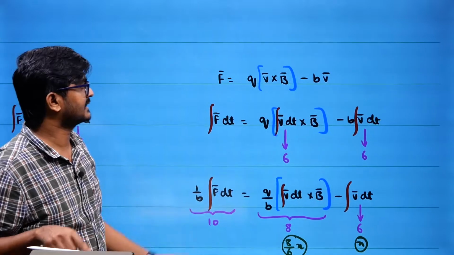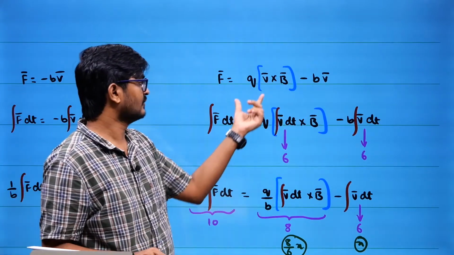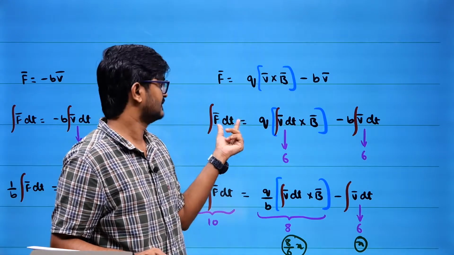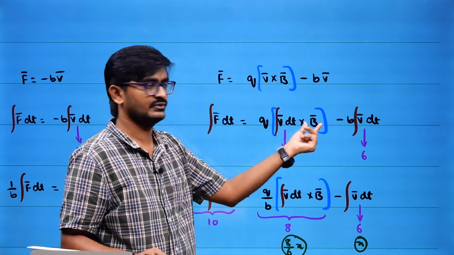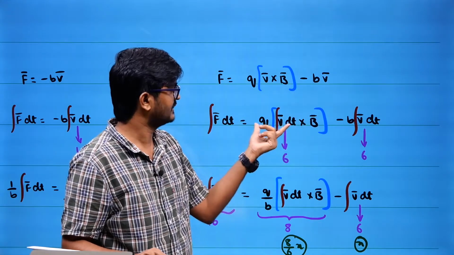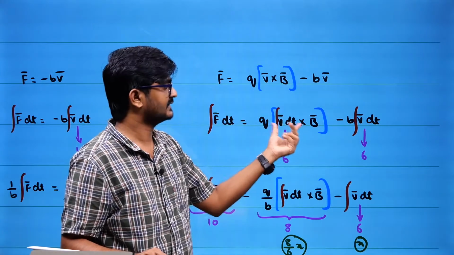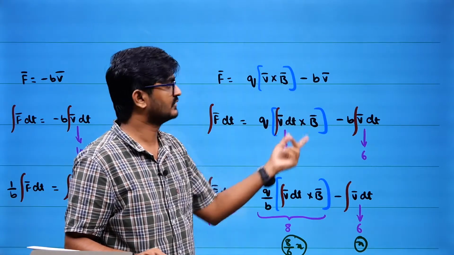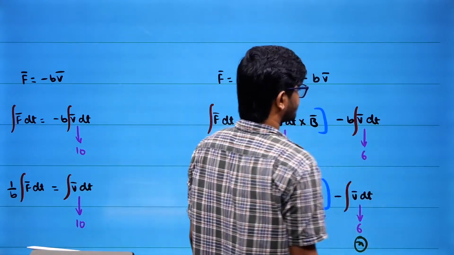Now what is the second case? In the second case there are two forces. One is magnetic force and one is frictional force. Now I'll be doing the same thing, integrating with respect to t. Now I can bring the integral inside because it is a uniform magnetic field. When it is uniform magnetic field, I can say the total integration is the same as integral v dt. This is happening only because the magnetic field is uniform. Now this one I can write this way. But what about v bar dt?